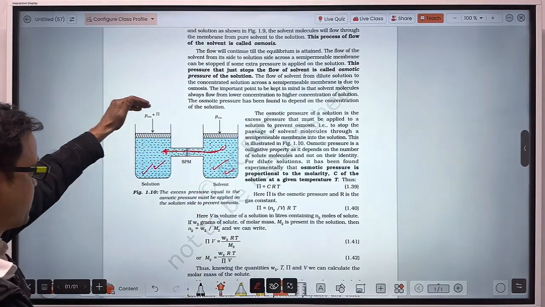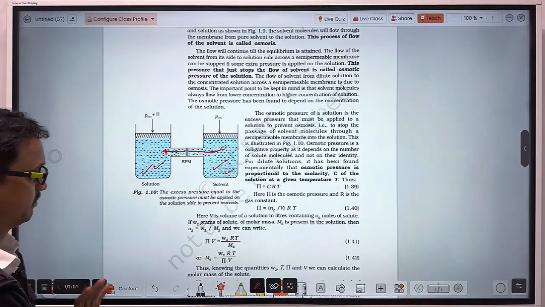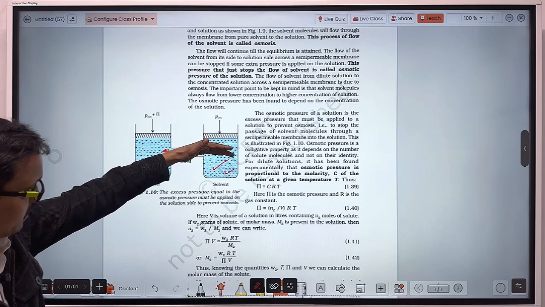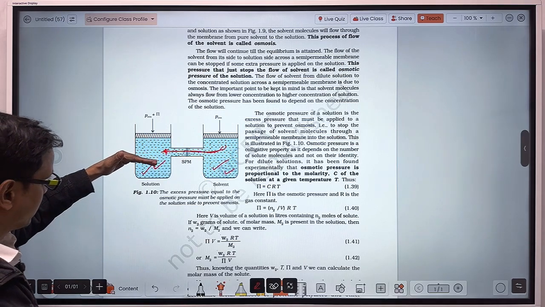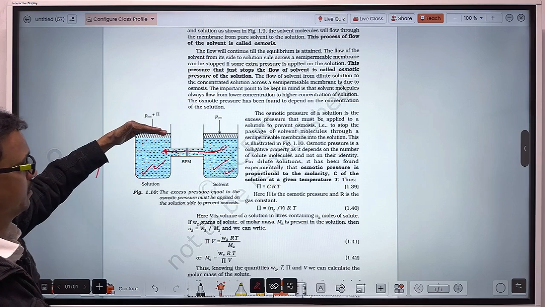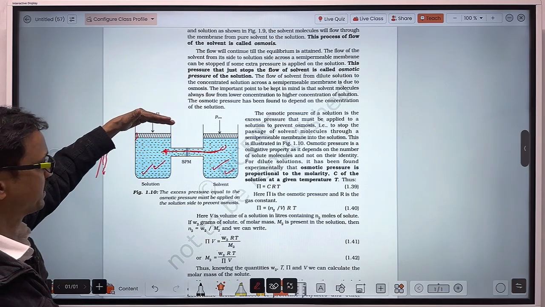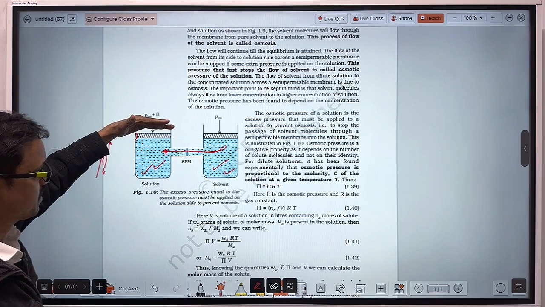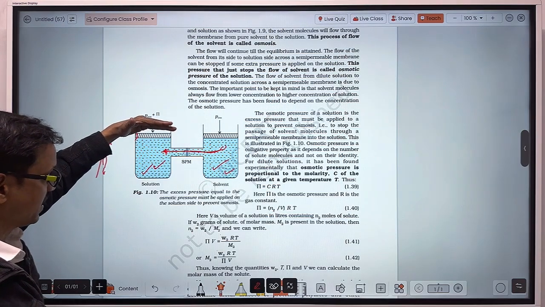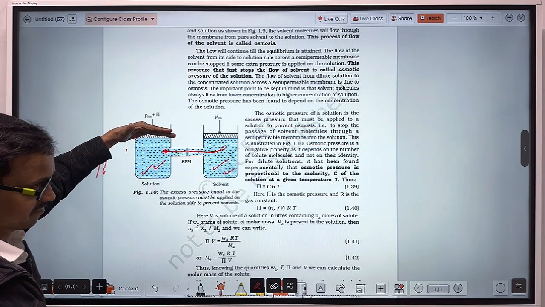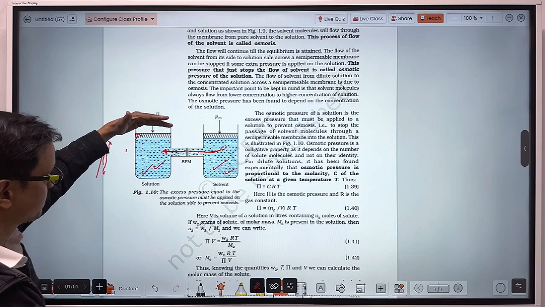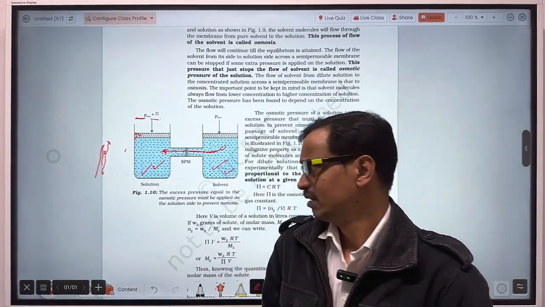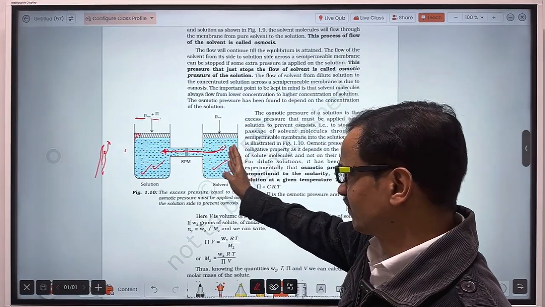Why? Because atmospheric pressure is exerting over both the solutions. Naturally, when the solvent particle flows from this container to this container, the volume of this solution will increase. And when you apply this pressure, you are not permitting the rise in the volume of the solution, so you are not allowing the movement of solvent particle.